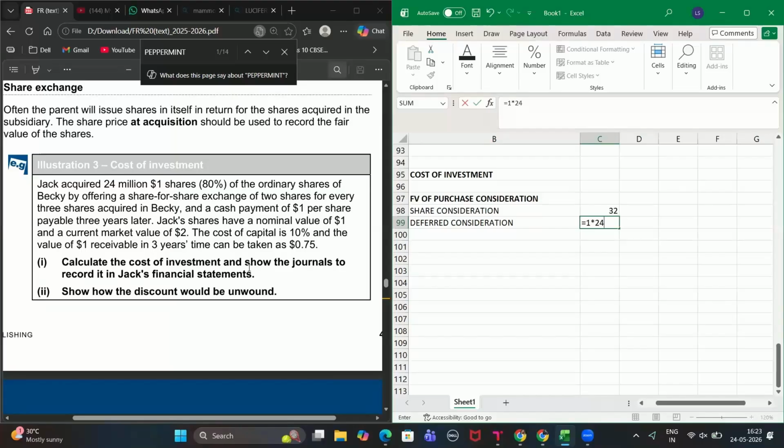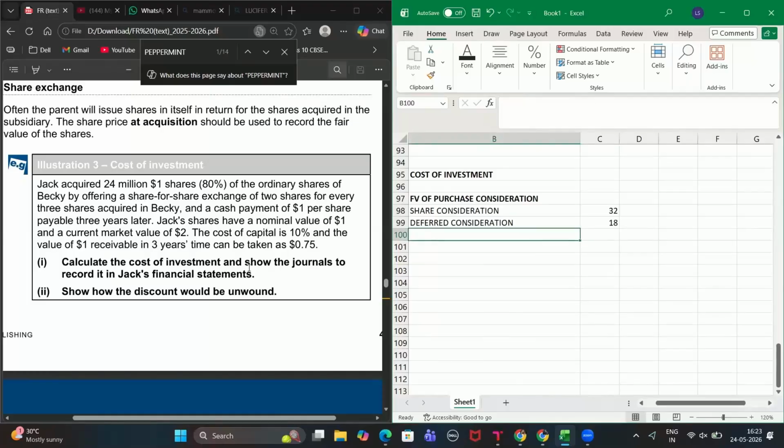So what should we do? We have to convert it into present value. Have they given the discounting factor here? It is 0.75. So what is the deferred consideration? 18 million, right?